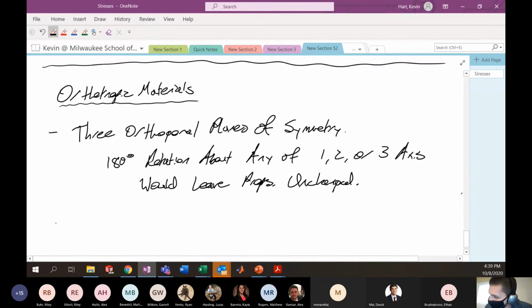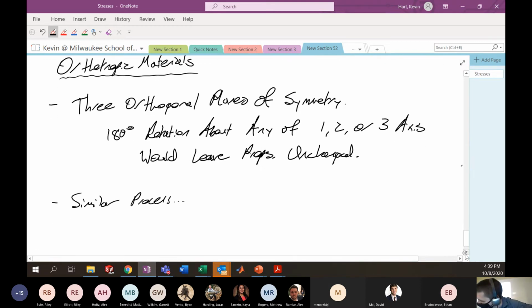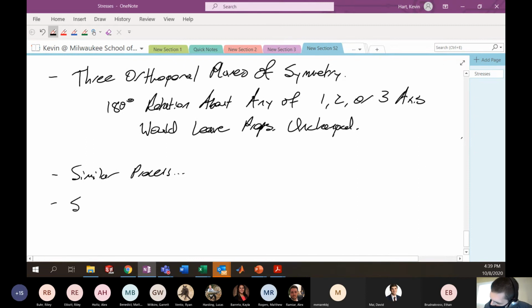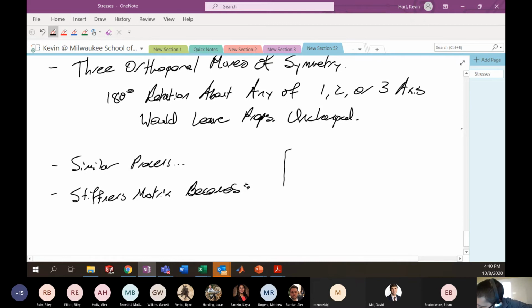Congratulations. Okay. So similar process. And you'll end up with a stiffness matrix that looks like C11, C12, C13, 0, 0, 0. Oh man, might need a little more space here.